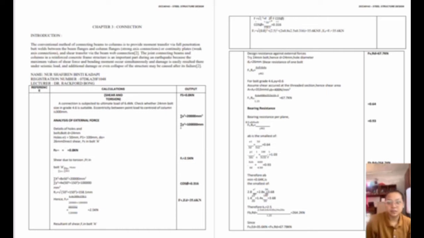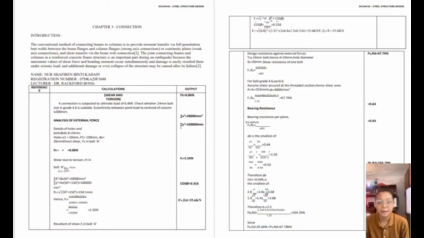For the analysis of external force, details of holes and bolts: bolt diameter equals 24 mm, holes e1 equals 50 mm, p1 equals 100 mm, and d0 equals 26 mm.